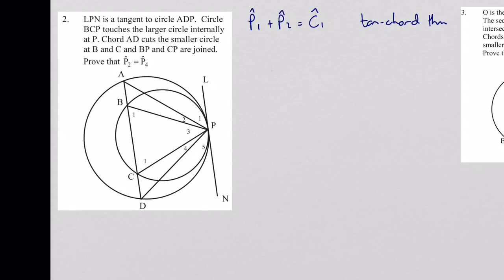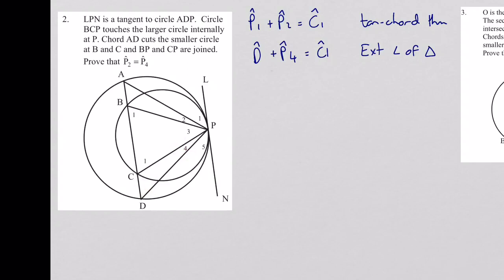And the next thing we can say is let's make another relationship between angle P and something else in the triangle. If we look at C1, angle D plus P4 must equal C1, and that's exterior angle of triangle. So I'll show you that now. We're saying that C1, this one, is equal to angle D plus P4.